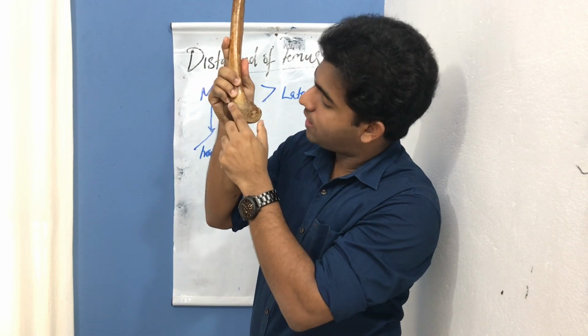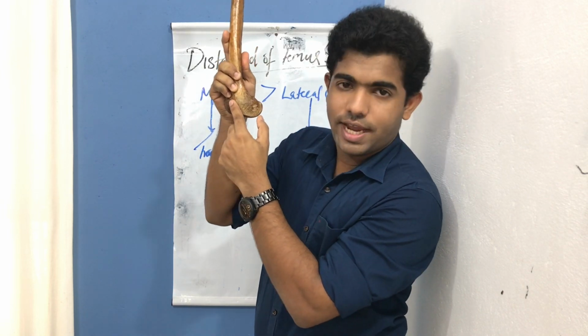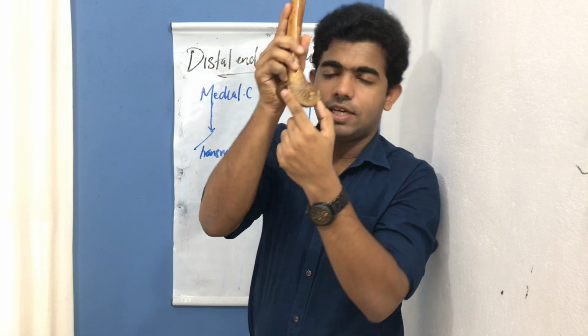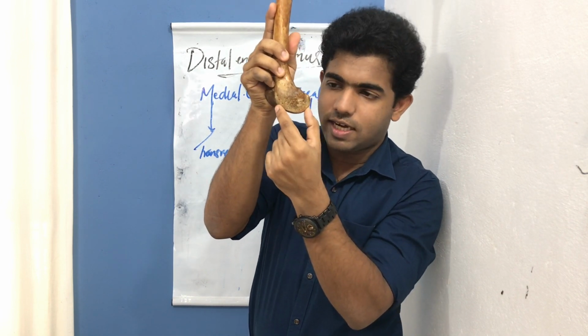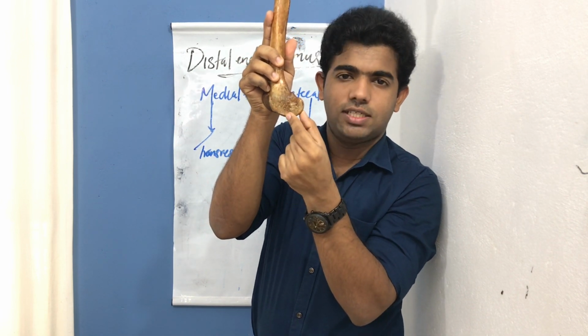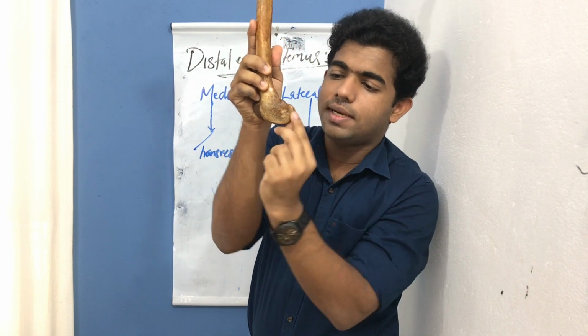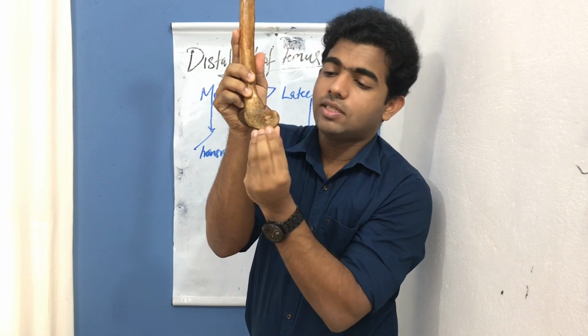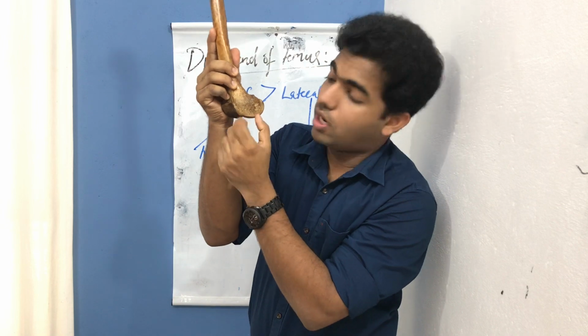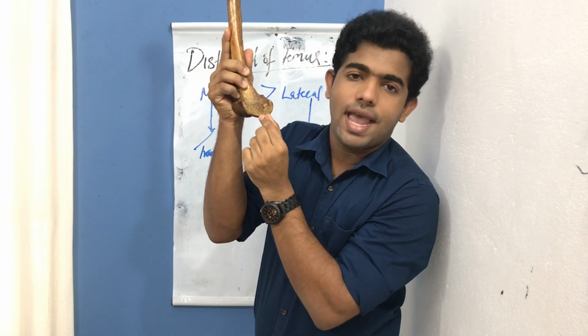This is the anterior end. When moving from the anterior end like this, it has a greater convexity. The radius of curvature here is greater. But when we move to the posterior end, it ends suddenly. That means the radius of curvature over here is smaller than the radius of curvature in the anterior part.